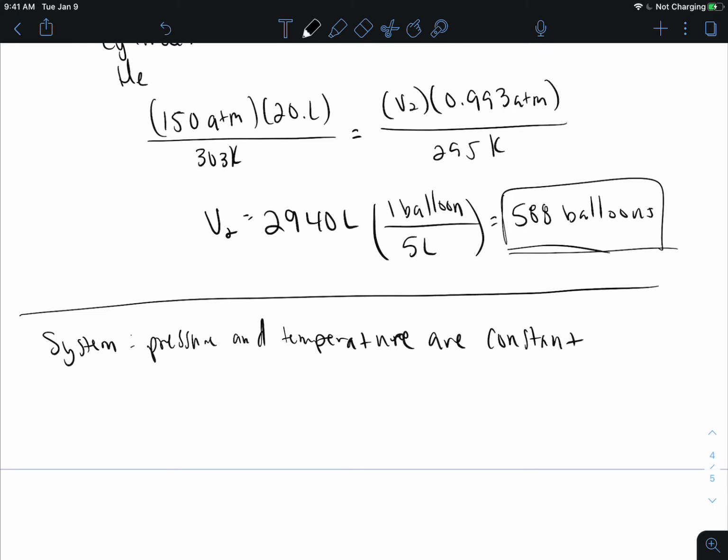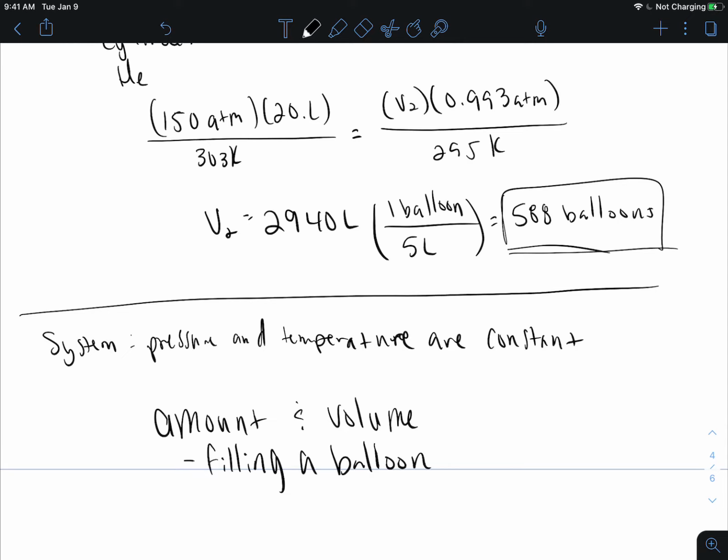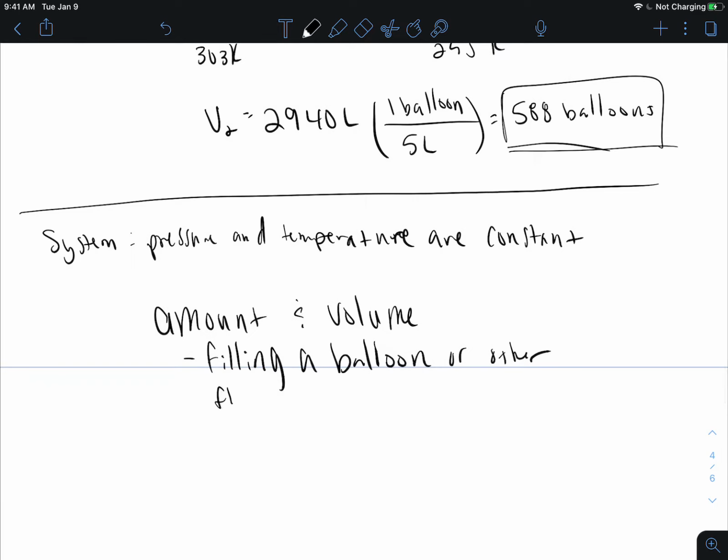So here we are changing amount and volume. Okay, so we're basically filling a balloon or other flexible container.